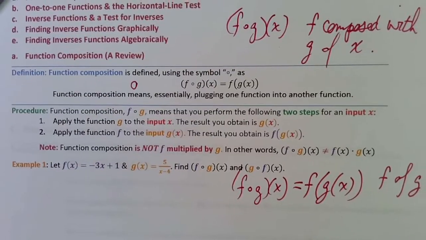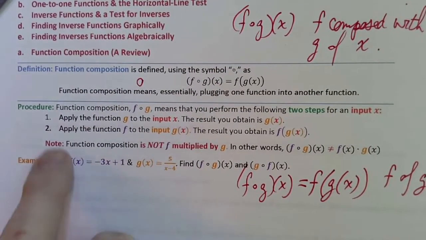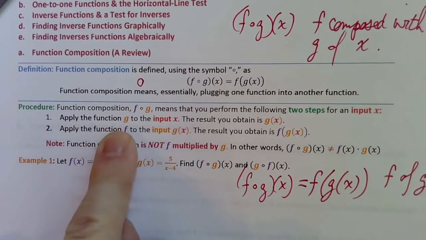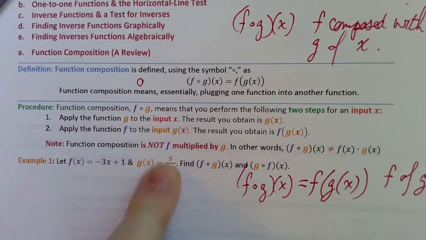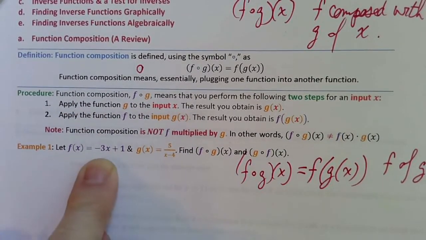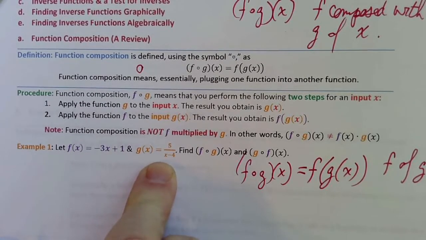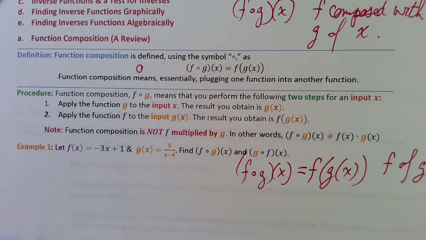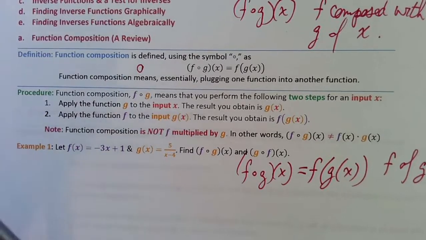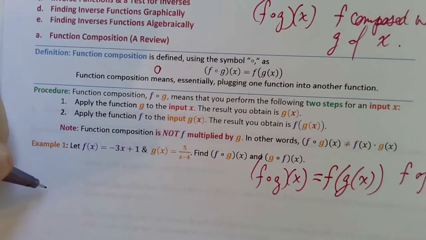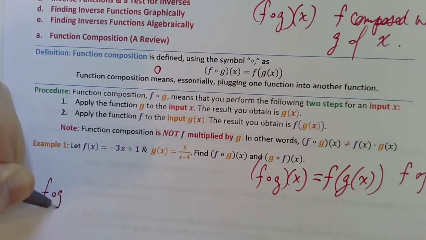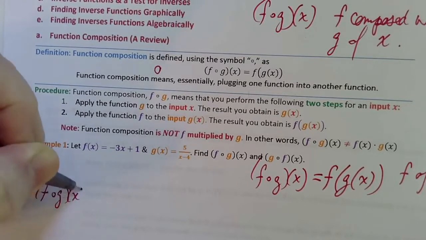So let's look at this in an example. Here we've got f of x is negative 3x plus 1, and g of x is 5 over x minus 4. Let's first find f composed with g of x. So I'm going to write down f composed with g of x.